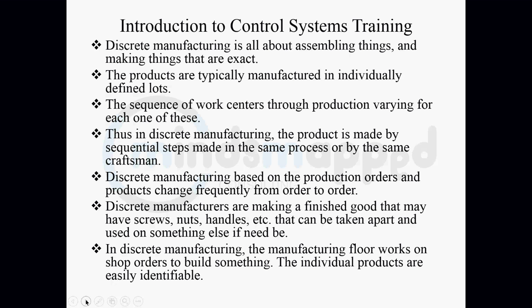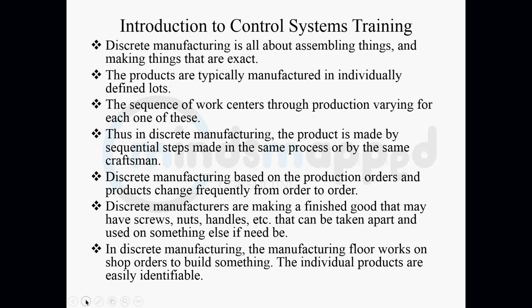Manufacturers produce different models of cars, but sometimes if they have two or three types of sedans, they may have the same type of door handle, right? So you can use the parts either by taking them apart from a finished product or entirely on a different product line.